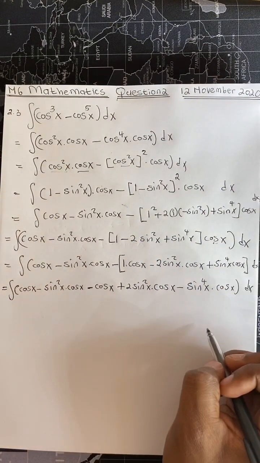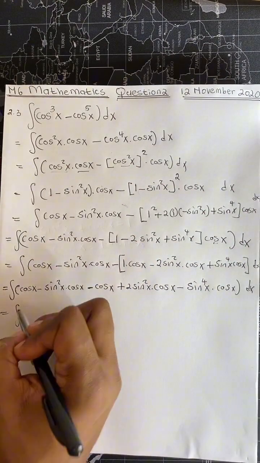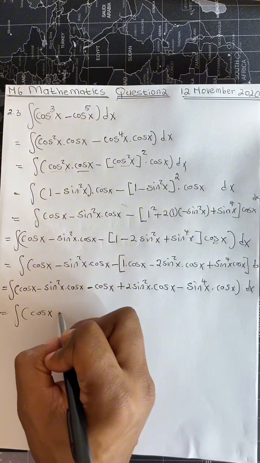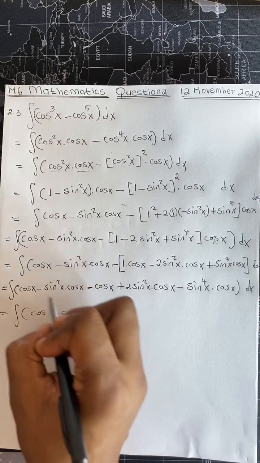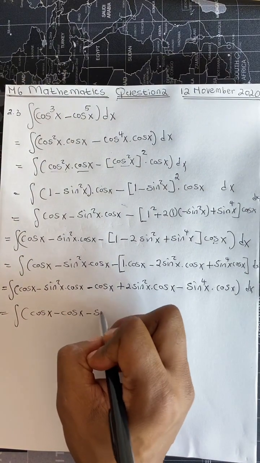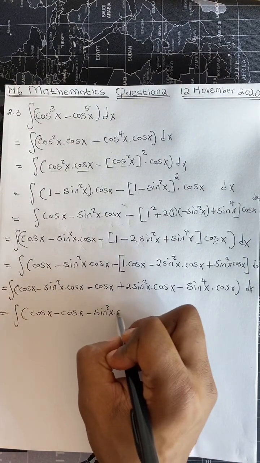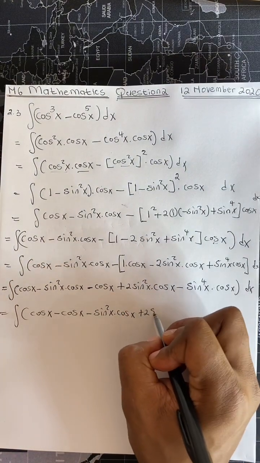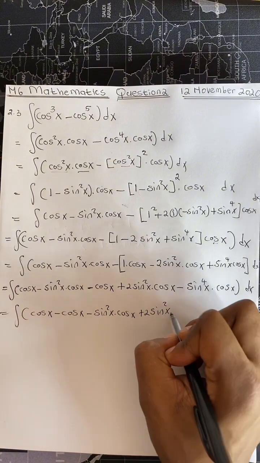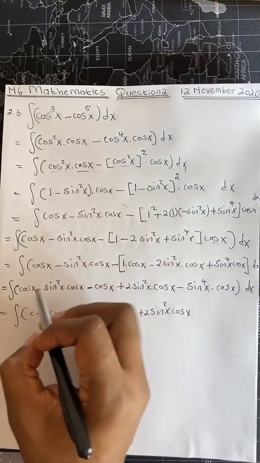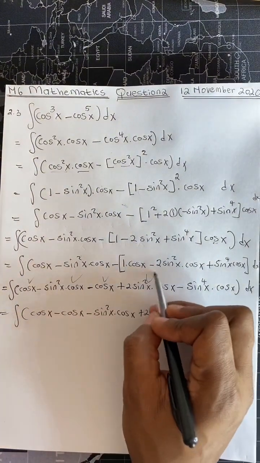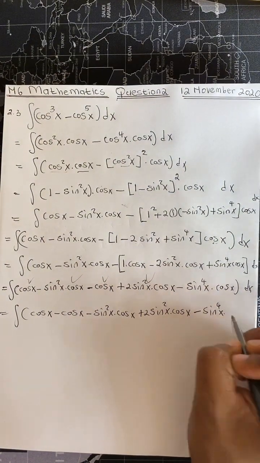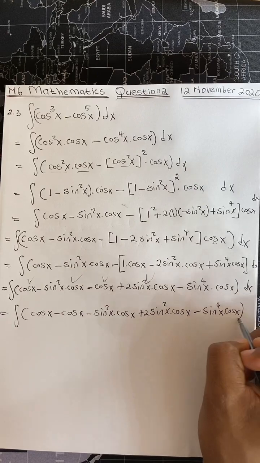So we can group the like terms. So this cos x, we group it with that negative cos x. So this negative sine squared x cos x, we group it with this positive 2 sine squared x cos x. So we are left with that negative sine to the power 4 cos x dx.